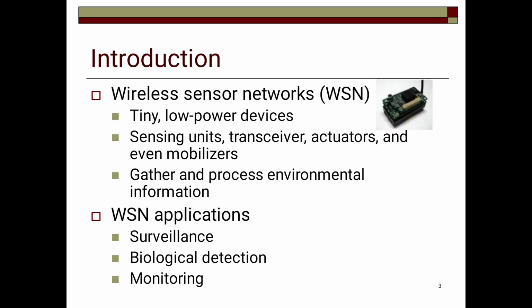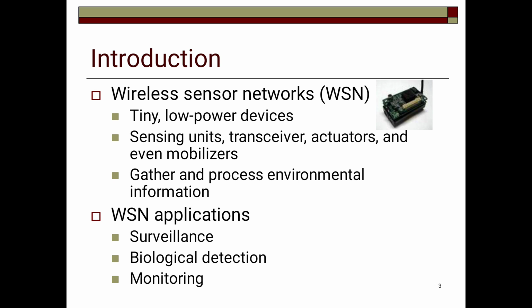You see, wireless sensor networks are tiny low power devices. In them, energy conserving is a major issue. A wireless sensor network consists of sensing units, transceiver, actuators, and even mobilizers.